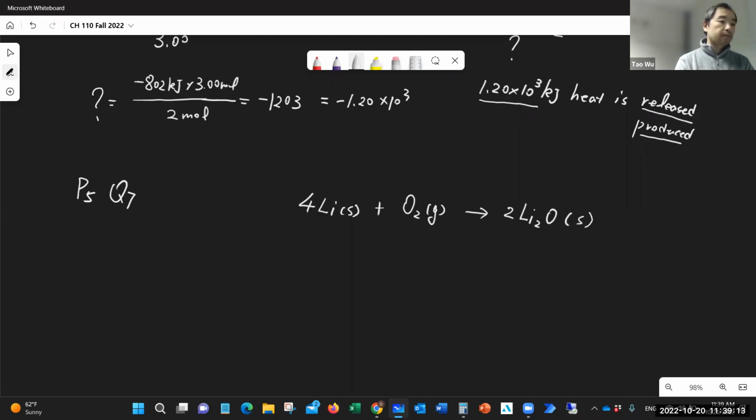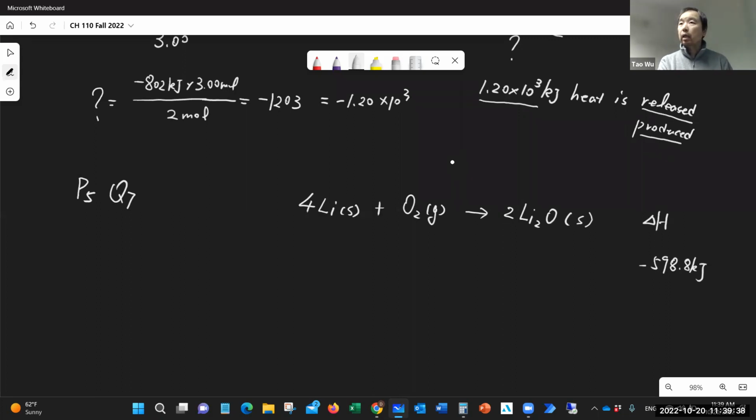This is solid. Also, they are going to have an enthalpy show up here. Let's see what the question is asking for. The question says they release negative 598.8 kilojoules of heat per mole of lithium oxide.